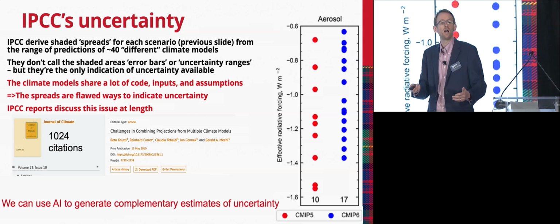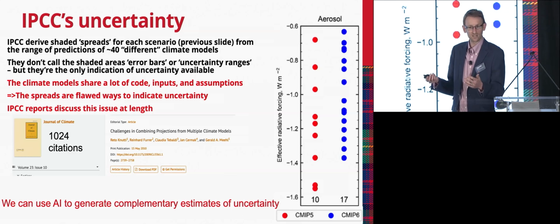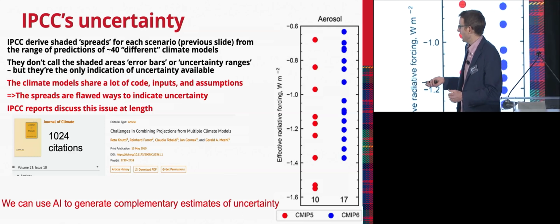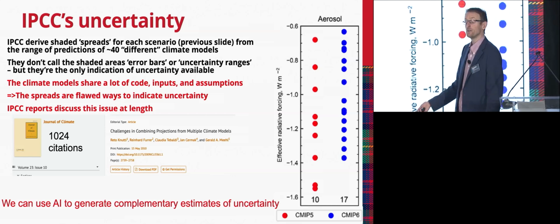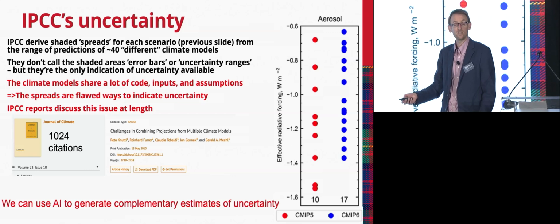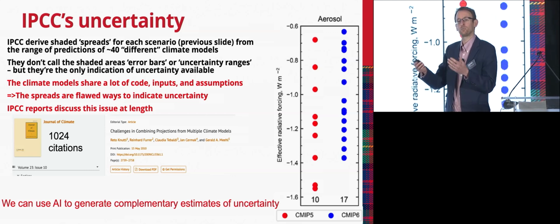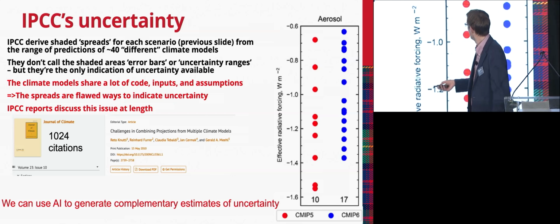So we'd like to understand complementary approaches to sampling and predicting the uncertainty in these models. We can use AI techniques to generate complementary estimates of the uncertainty, or at least to sample different pieces of the uncertainty from the piece that's sampled by comparing different climate models.